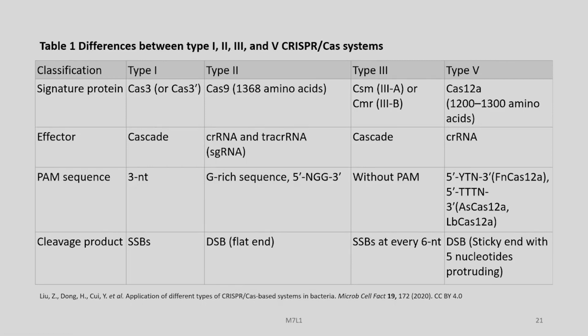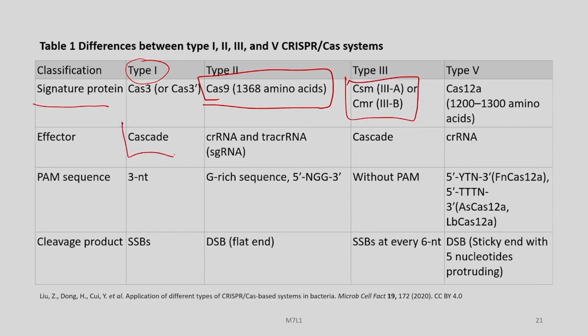This is a tabulated form of the differences between the various types of CRISPR-Cas systems, and you can see here the type and the signature protein against each type. You have type 2 with Cas9, a very famous protein, and in type 3 you have Csm and Cmr.